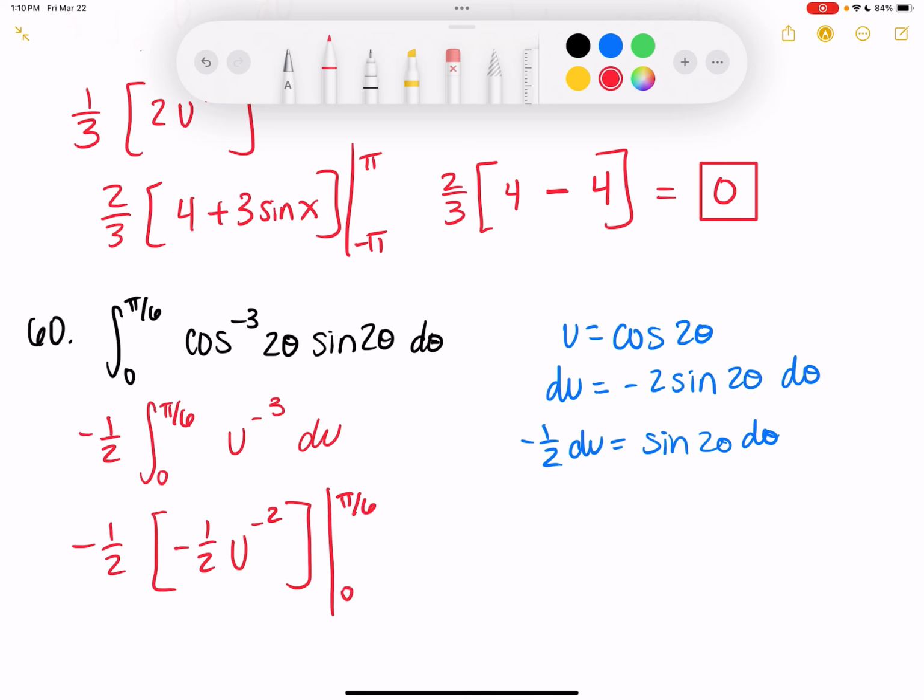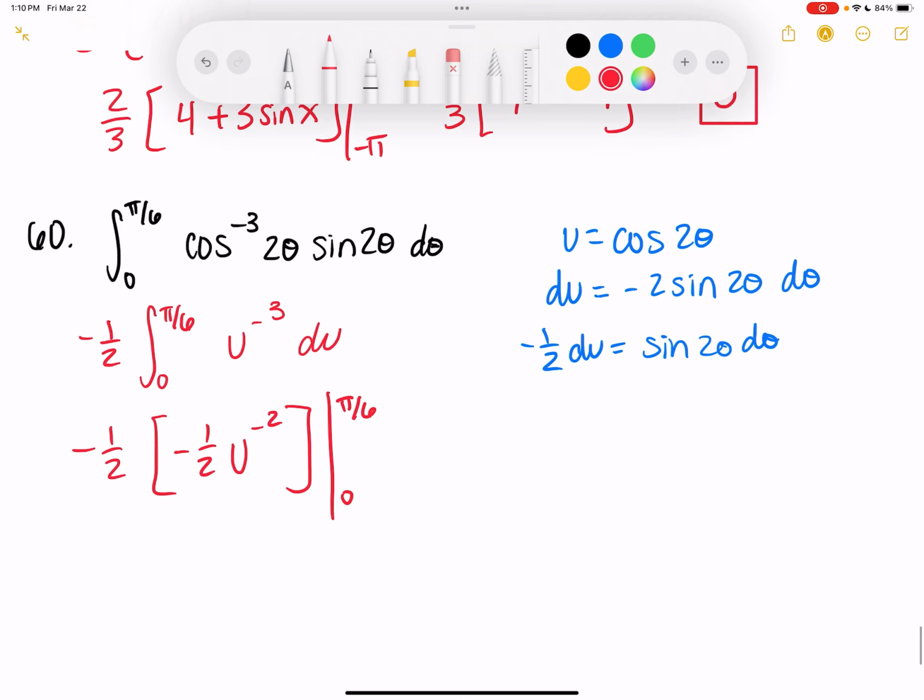I've got to sub cosine 2 theta back in. So this is going to be, let's see, negative 1/2. Actually, I'm going to make this positive 1/4 because that will make it easier to deal with. And then 1 over cosine 2 theta squared. I'm going to write it this way to make it easier to see.